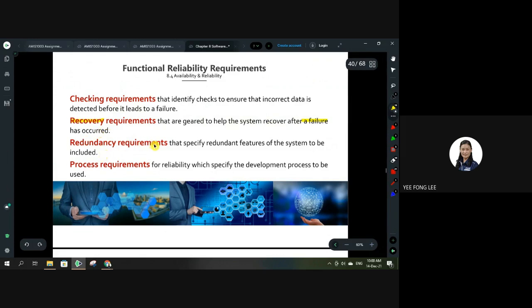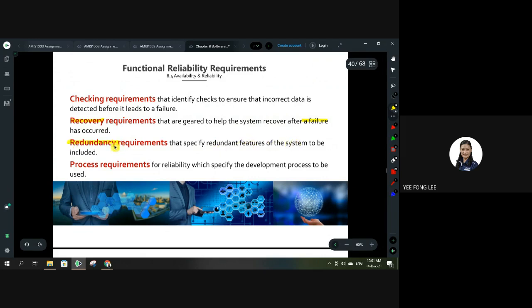Next one is the redundancy requirement. Specify redundant features of the system and ensure that if, let's say, a single component fails, it will not lead to the complete loss of service.